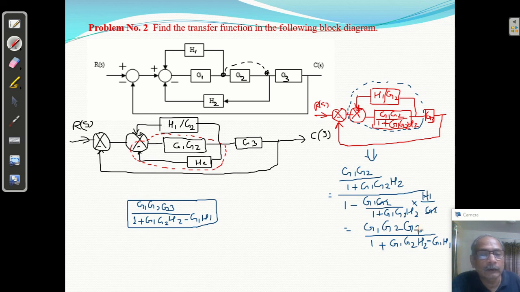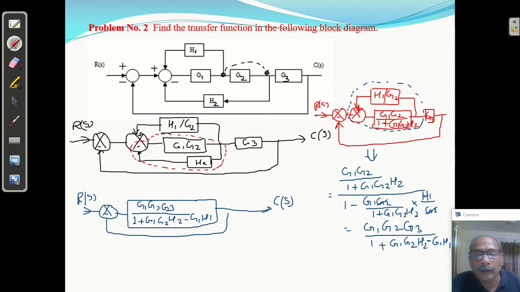This is G1 G2 G3 upon 1 plus G1 G2 H2 minus G1 H1. Okay, this was CS, this is RS, with a negative feedback, and this is unity feedback.